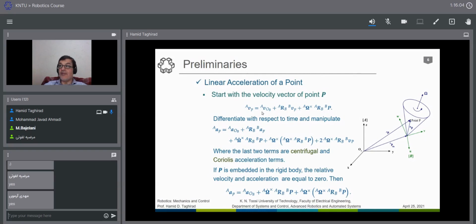You remember that we have three different velocity terms here.